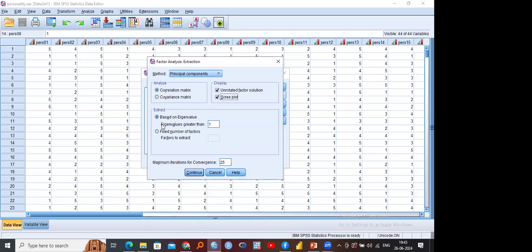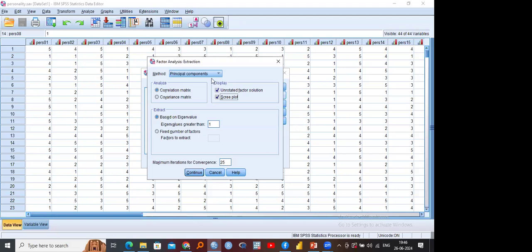Why it is greater than 1, I will explain when we go in with the outputs. Okay. Here it is written maximum iterations for convergence 25. It should be 25. I will tell you what this means when we go in for the output. Just remember all these concepts. We will discuss in detail when we discuss the output.